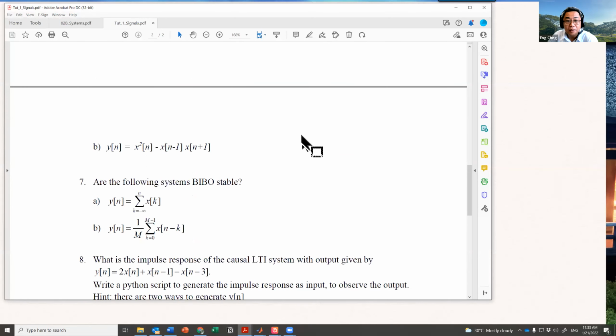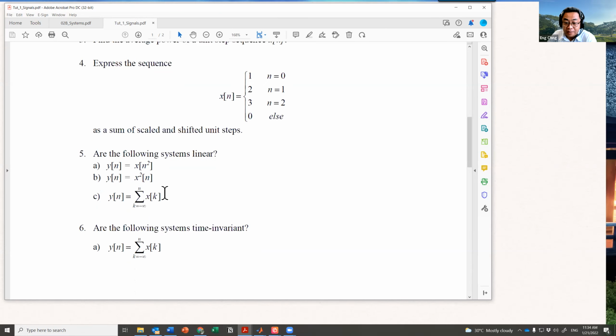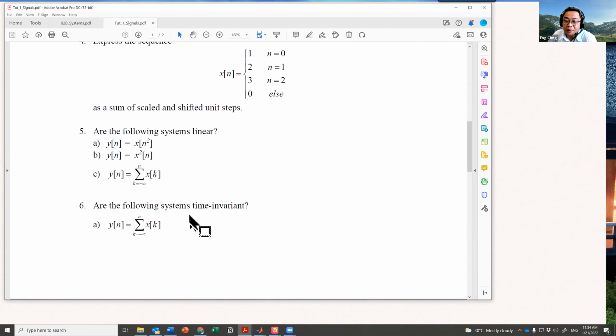From question 5 onwards, it will begin to ask you, I have an equation y is described by some function of x. So I have 3 of them. And it asks you, is the system linear? Then after that, it asks you, is the system time invariant?